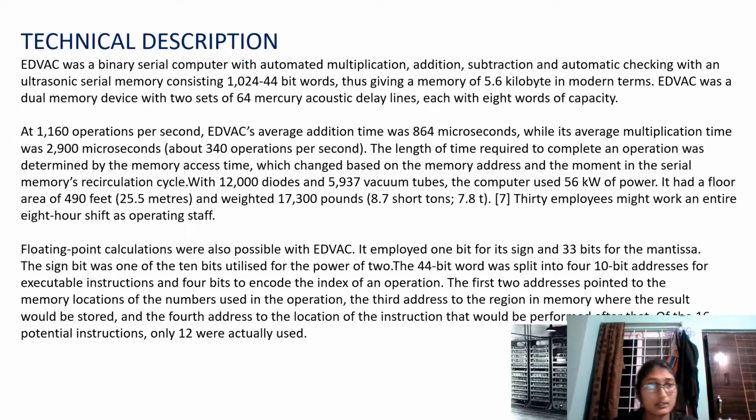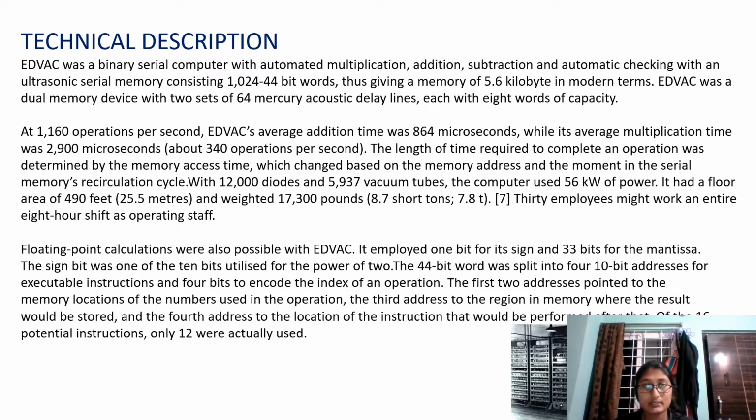Here's the technical description. EDVAC was a binary serial computer with automated addition, subtraction, multiplication, and automatic checking, with an ultrasonic serial memory consisting of 1024 44-bit words, giving a memory of 5.6 kilobytes.